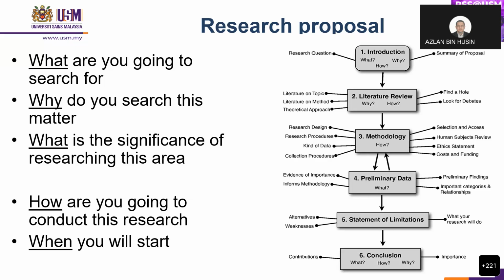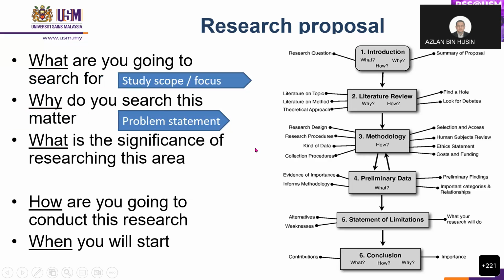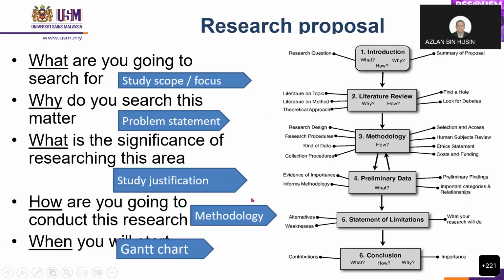Then only can you talk about how you are going to conduct your research in terms of methodology. When are you going to start, in terms of your timeline or Gantt chart? Okay, so the study scope, the problem statement, the study justification, then you can outline your research question, the study objective, and the methodology that you want to do.